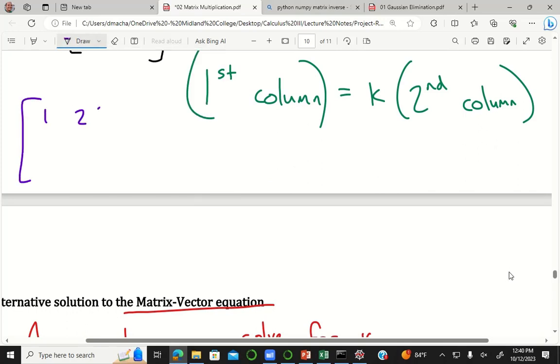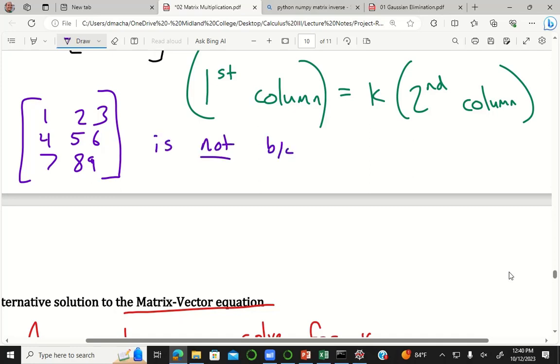I made the matrix 1, 2, 3, 4, 5, 6, 7, 8, 9. It turns out this matrix is not invertible, because the first column plus the second column is equal to the third column. And that also makes a matrix not invertible.